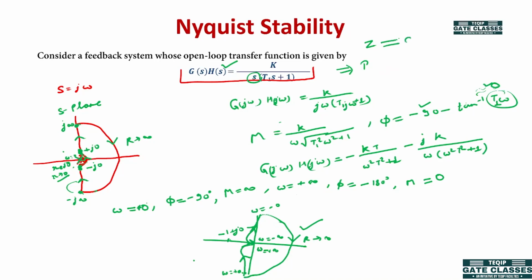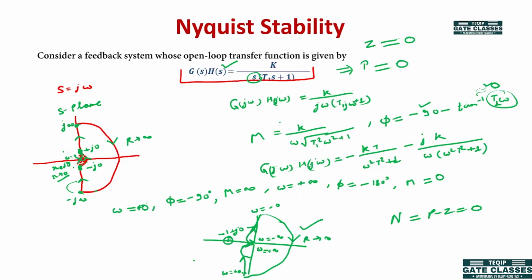For a stable system, Z must be equal to 0, and it does not have any pole in the right half of S-plane, so P is equal to 0. So N is equal to P minus Z, that means this should be 0. So there must not be any encirclement of the point minus 1 plus j0.